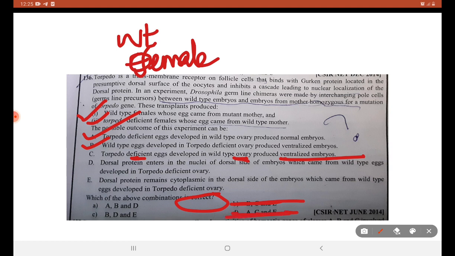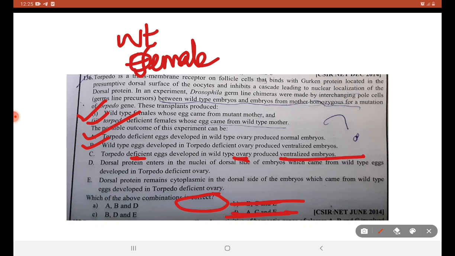Dorsal proteins enter into the nuclei of the dorsal side of the embryo, which came from wild type eggs and developed in torpedo deficient ovary. This is an irrelevant statement. Dorsal protein remains in cytoplasm in the dorsal side of the embryo, which came from wild type eggs and developed in torpedo deficient ovary.